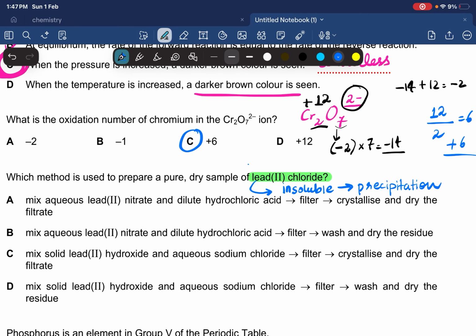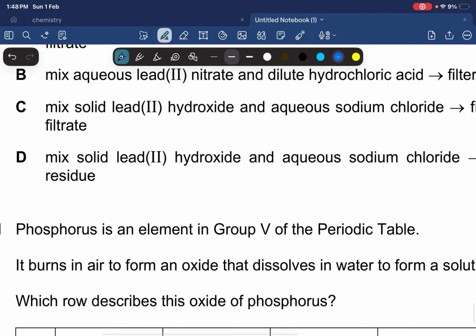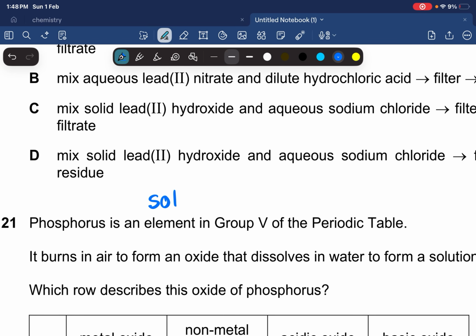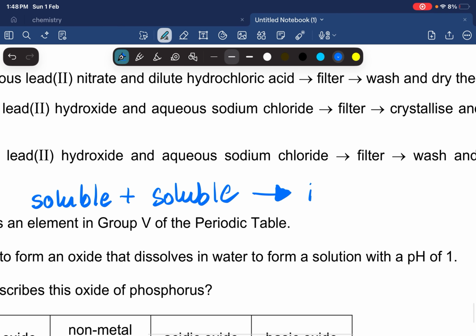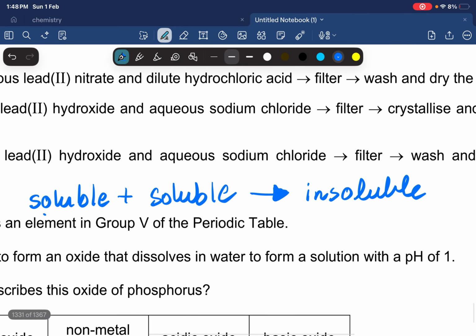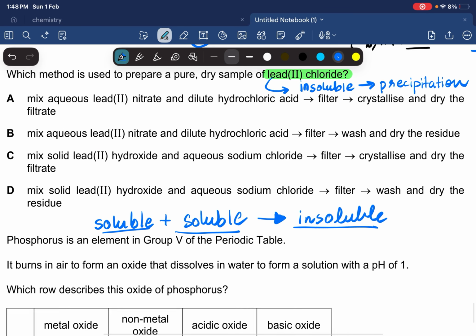And in precipitation, we get a filtrate and a residue, we filter it out, and that's how we do it. And you should know, you gotta use 2 soluble salts, soluble plus soluble, to make an insoluble salt, right?